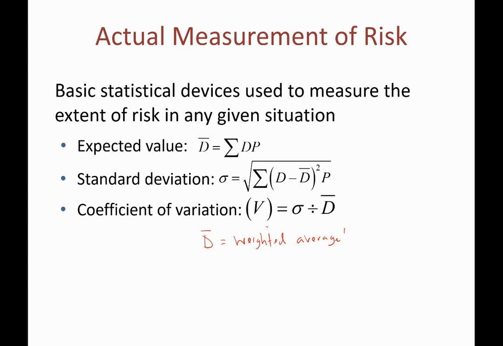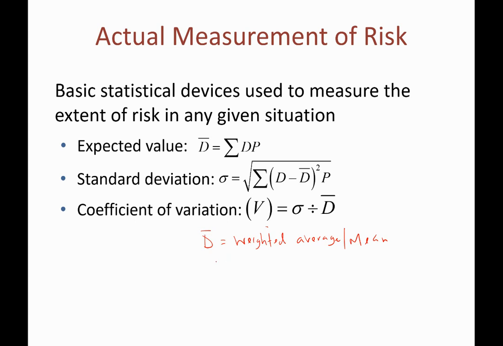I just call this the mean, for simple understanding, but it's basically the weighted average. So you determine the mean of the data, and then the next thing you do is take the deviation from the mean.